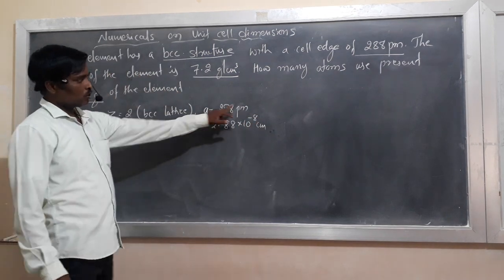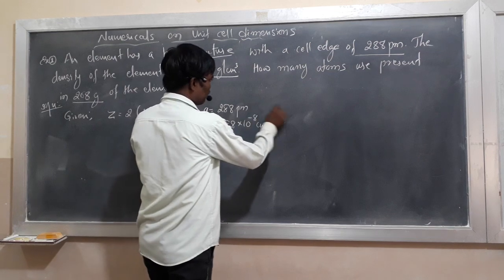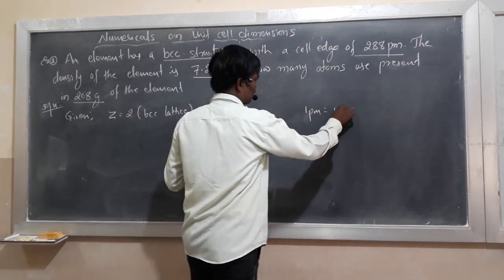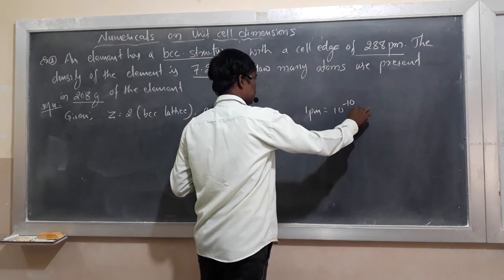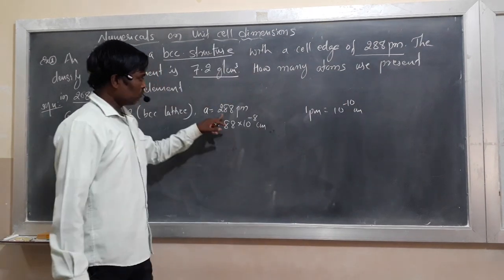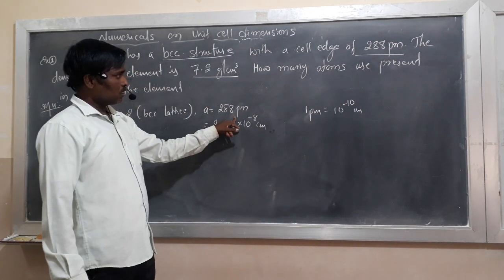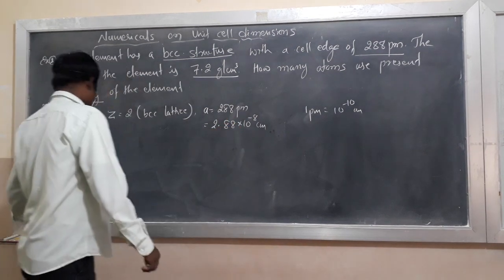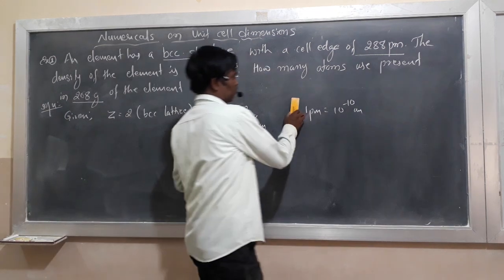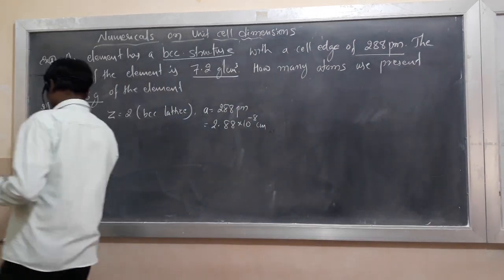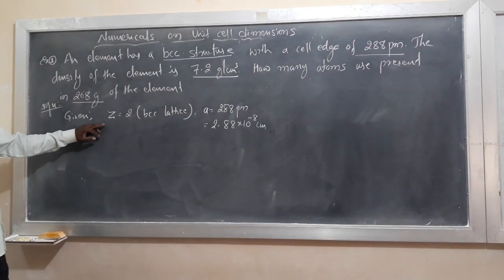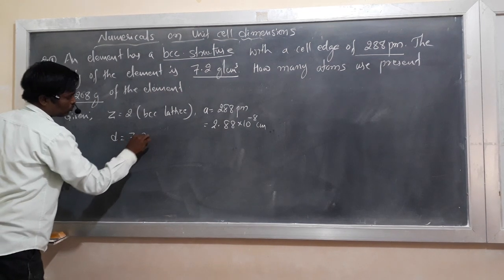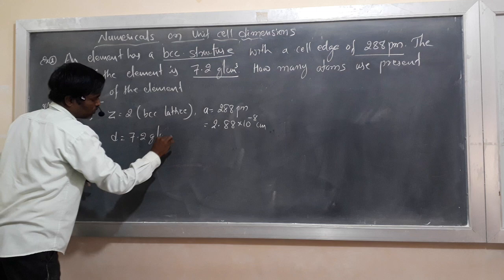As you can see here, 1 picometer is 10 raised to minus 10 centimeter. So I am replacing 288 picometers as 2.88 into 10 raised to minus 8 centimeter. Now, the density of the element is given, d is equal to 7.2 gram per cubic centimeter.